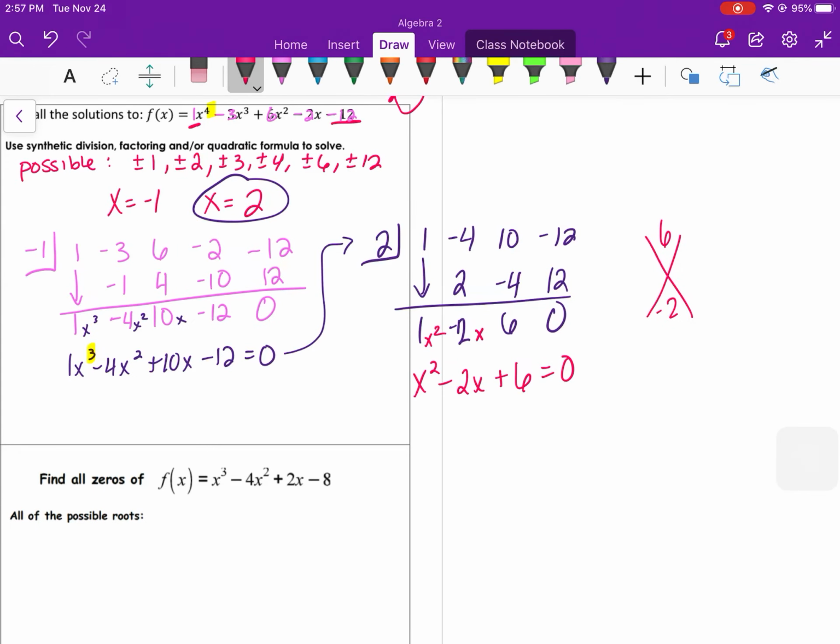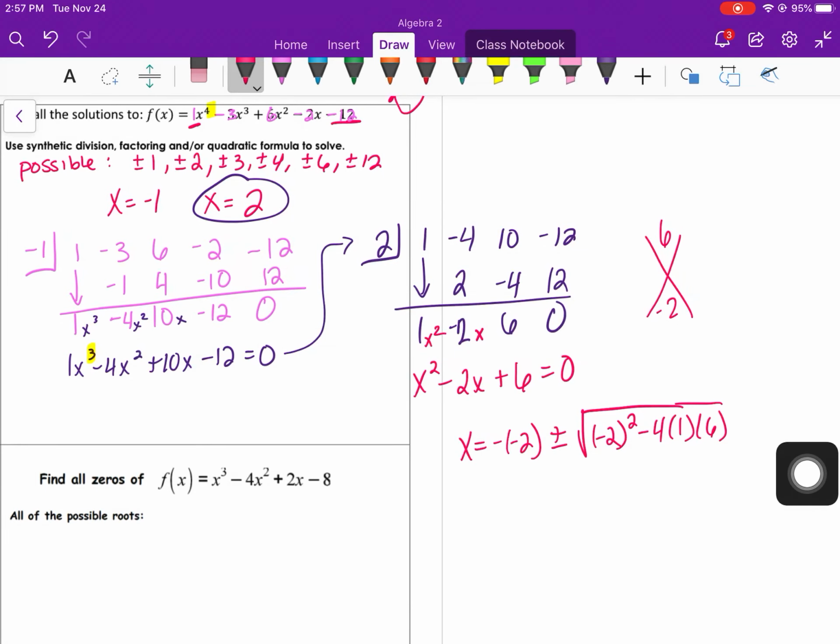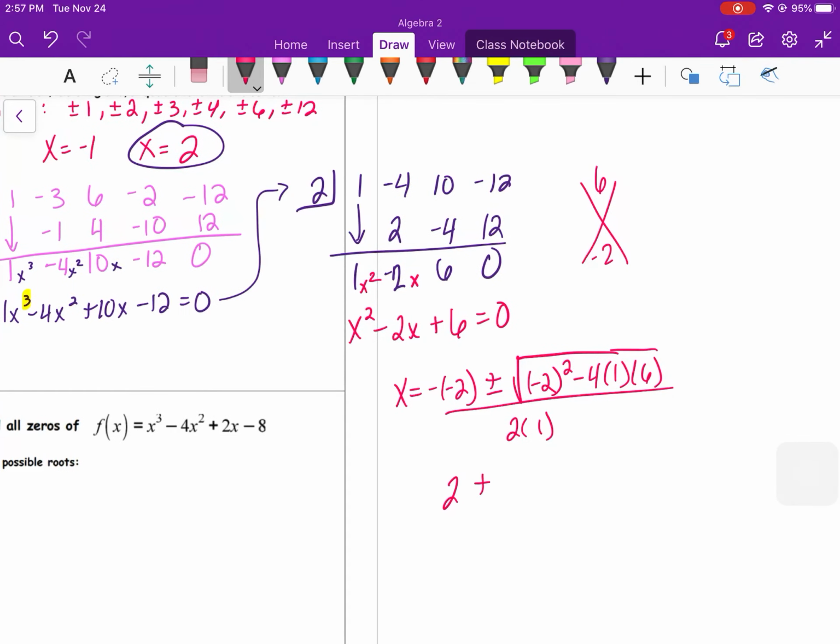So if I continue with the quadratic formula, it's going to be x equals -(-2) plus or minus the square root of (-2) squared minus 4 times 1 times 6, all over 2 times 1. It would be 2 plus or minus the square root of 4 minus 24, which is -20, all over 2.